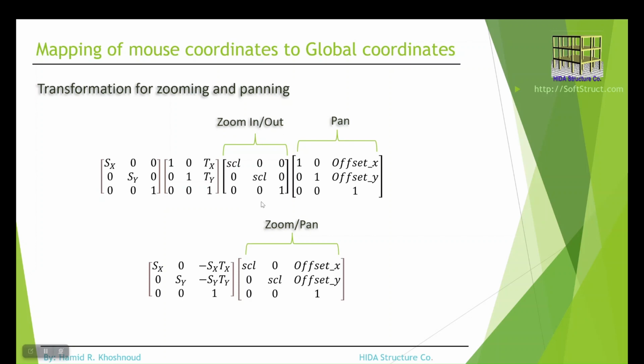Panning action of the mouse can be accounted for by translation parameters offset X and offset Y. During the zooming action, we will have both a scaling transformation and a translation action, whereas during the panning action, we will only have a translation action.